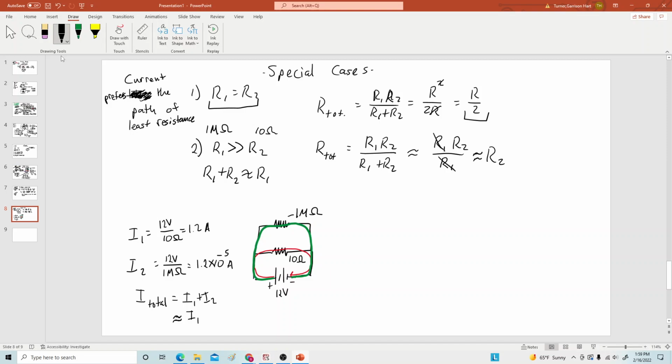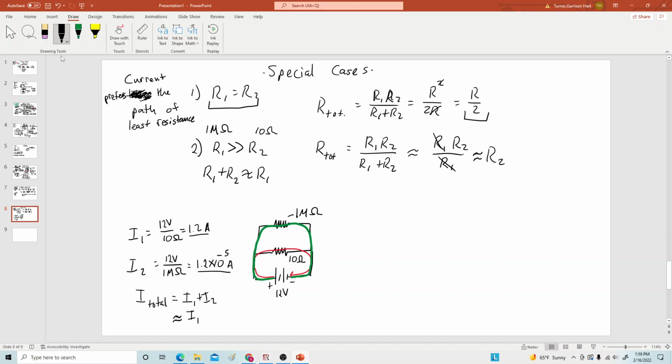It would be measurable by our standards. You could actually measure this if you have a sensitive enough ammeter, but in terms of how large this is compared to this, it's very negligible under most circumstances. And so your total current is just more or less going to be I1.